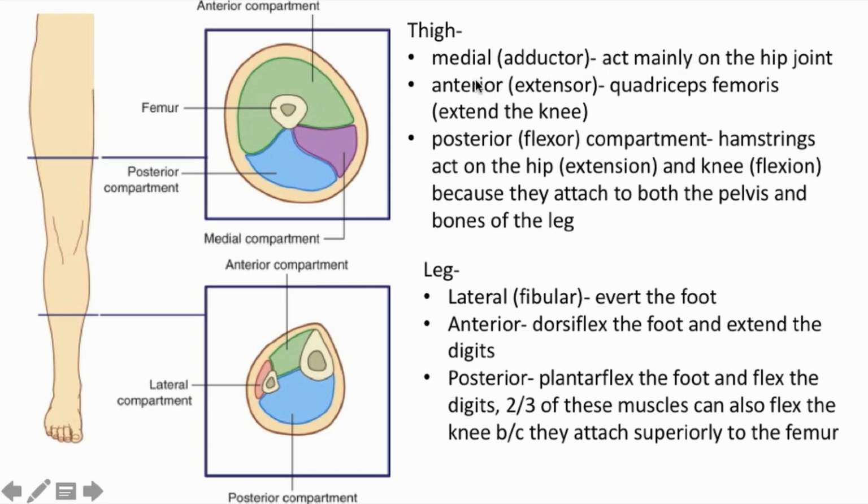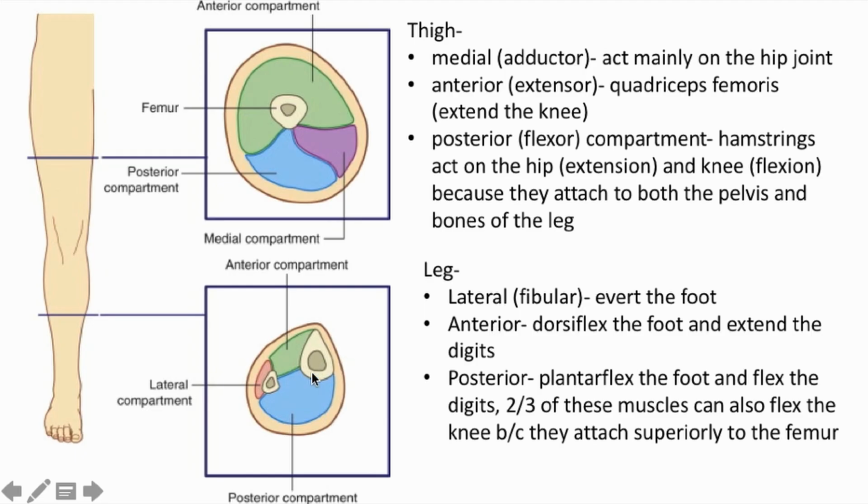Then you have the anterior or extensor, like we have the quads up in there, and they extend the knee. And then you have the posterior or flexor compartment. Those house the hamstrings, and they generally act on the hip for extension, and then the knee during flexion.